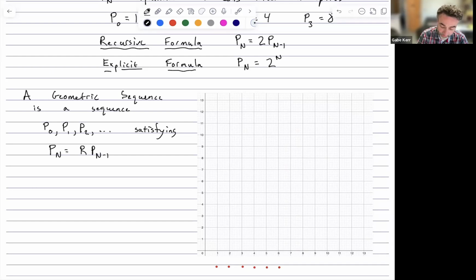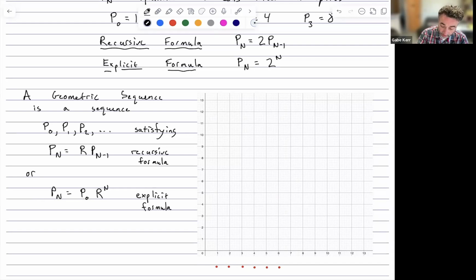This is the recursive formula. And there's an explicit formula as well. The explicit formula is that P sub n equals P naught times r to the n. This is the explicit formula. Either formula works, they're both true for your geometric sequence.